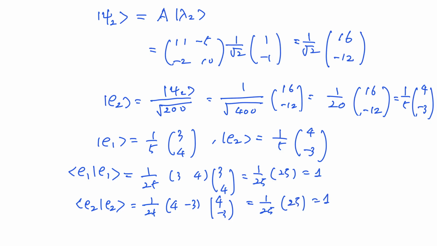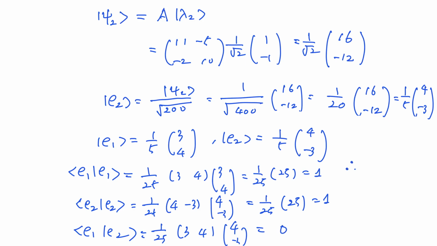How about e_1 with e_2? 1 over 25 times (3 times 4 minus 4 times 3), which is 0, right?